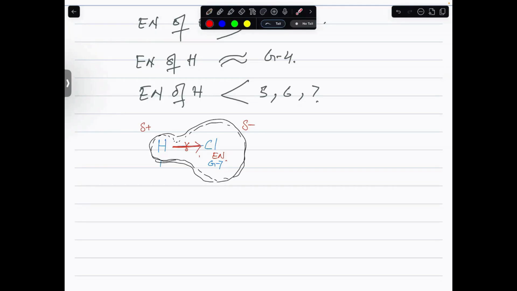The one that is more electronegative attracts the electron cloud toward itself. The electron cloud is not in between. The electron cloud is more toward chlorine. Therefore, it becomes slight negative. Its nuclear attraction is more. It keeps the electron toward itself. It becomes slight negative, and the other becomes slight positive.